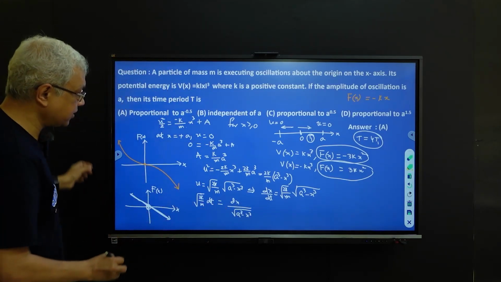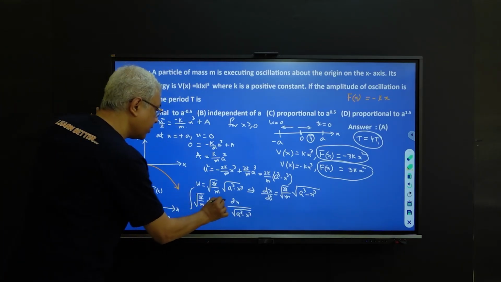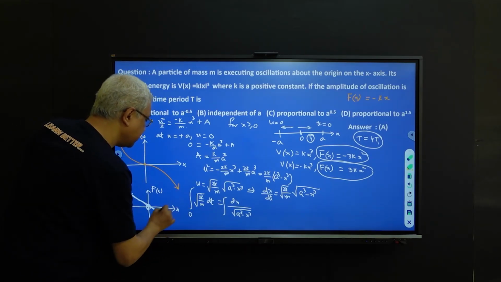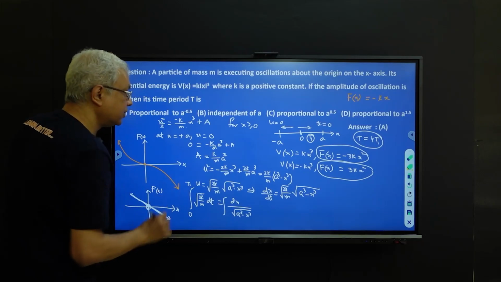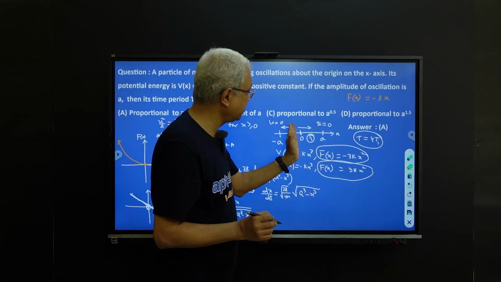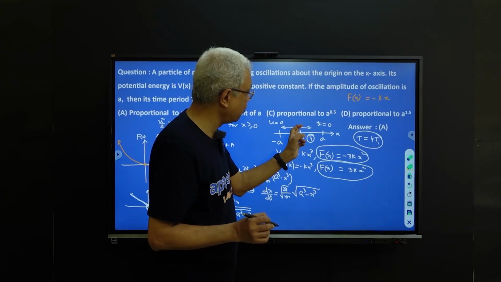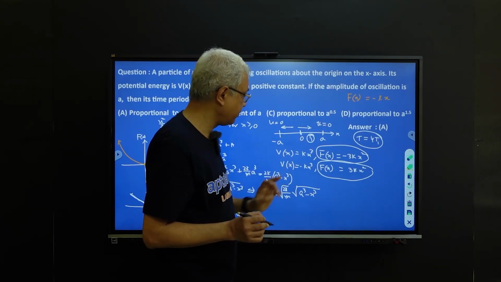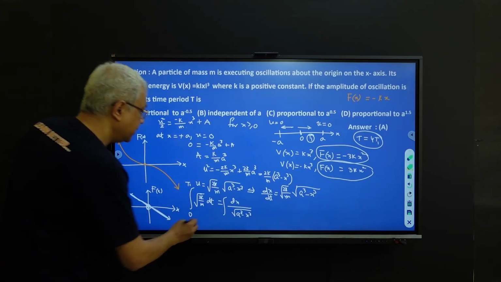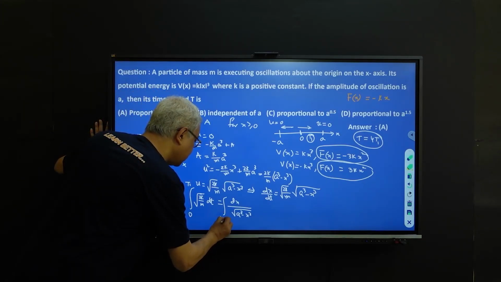Now this quantity, if I integrate, when time t changes from 0 to t1, the time the particle takes to reach from O to A, x equal to a point. So if I integrate from 0 to t1, then this side I have to integrate from x equal to 0 to a.